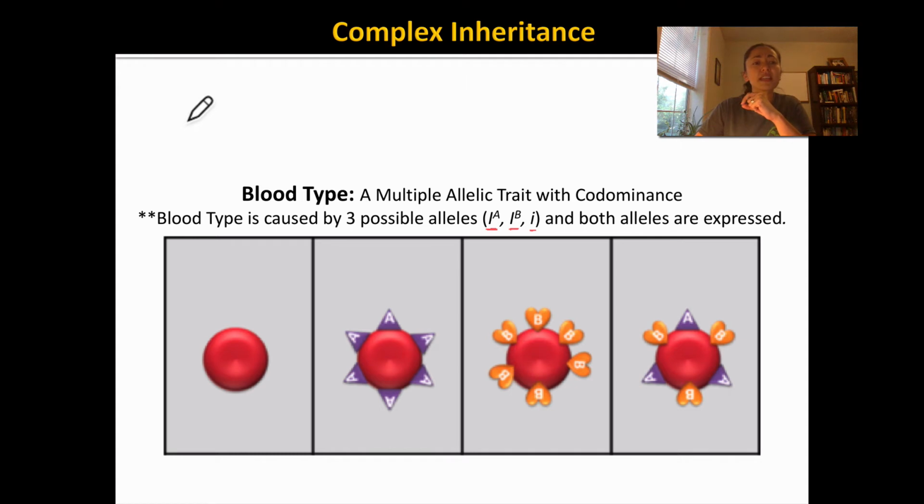So one individual could have this IA gene variation, and that makes an A protein. If this is present in the person, they're going to make an A-type protein. However, if an individual has the IB allele, this is going to make a type B protein.